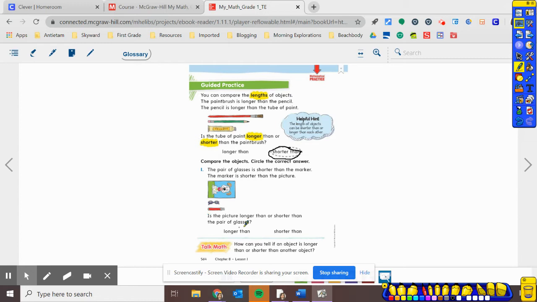I want you to think, is it longer than, then circle these words, or is it shorter than? You're looking at the picture. Is it longer than or shorter than the pair of glasses? Circle your answer, and then we're going to check to see how you did. Okay, so when I look at these objects, I can see that the picture is longer than the pair of glasses. So I'm going to circle the words longer than. Make sure you have those words circled too.